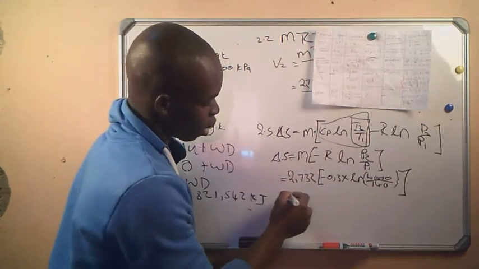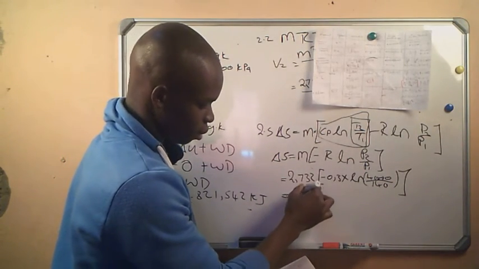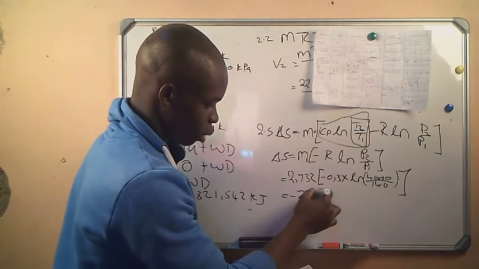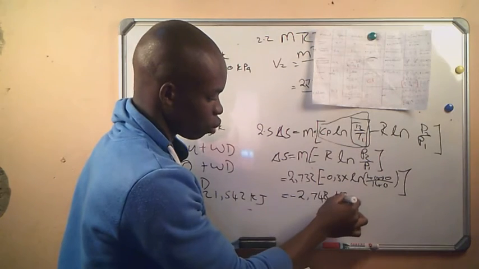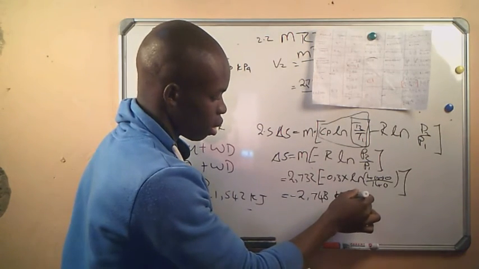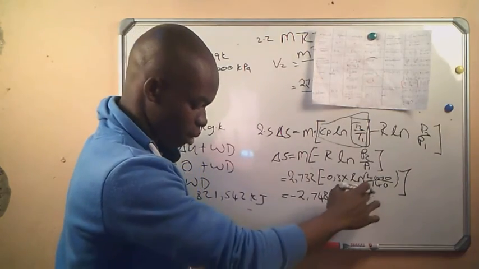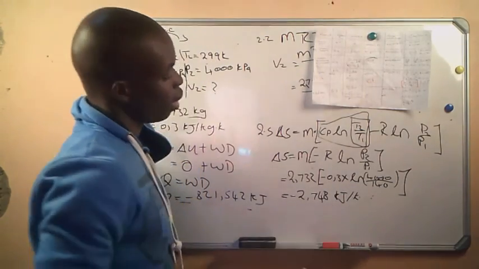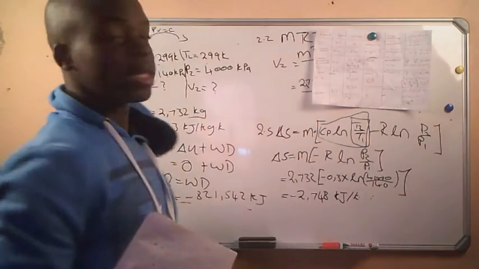And then we get our change in entropy as minus 2.748 kilojoules per kg. Yeah, per Kelvin.